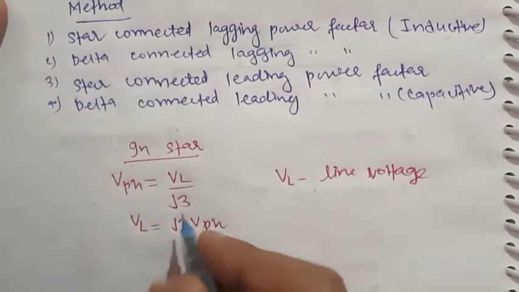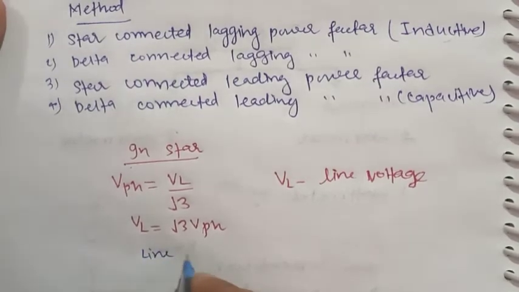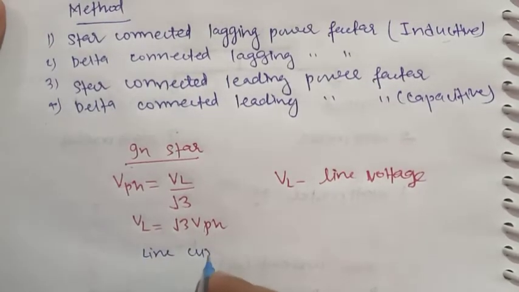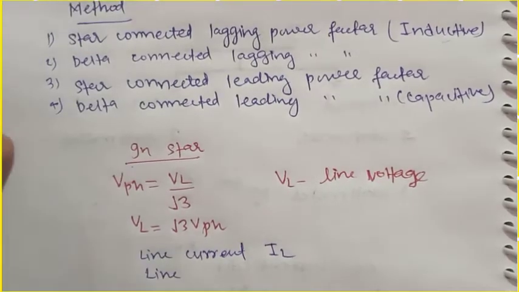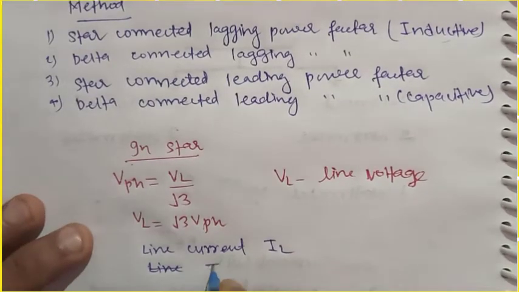And in star, there exists line current denoted by IL, and there is phase current.